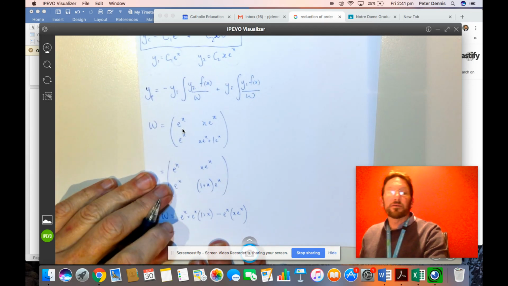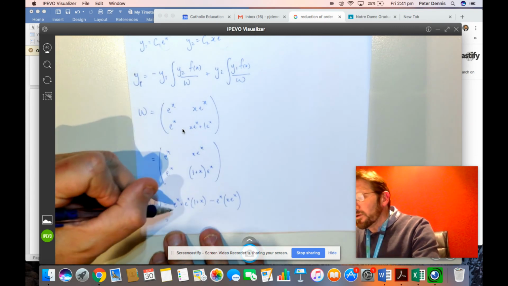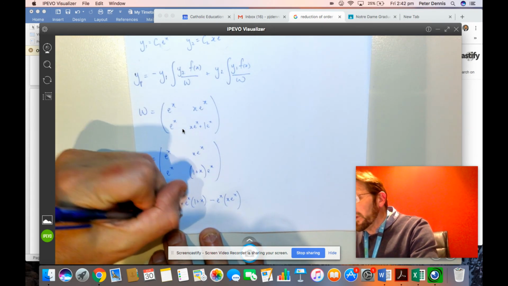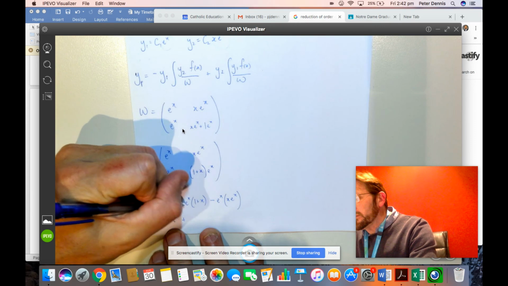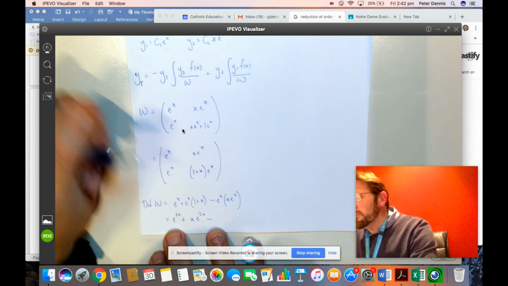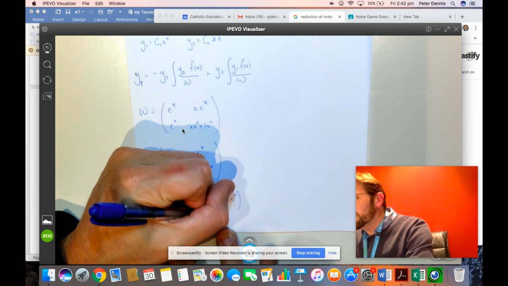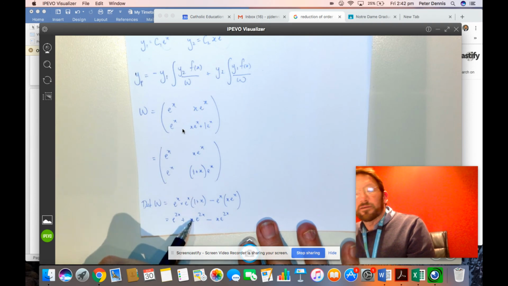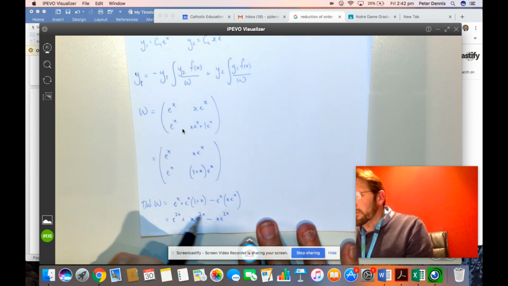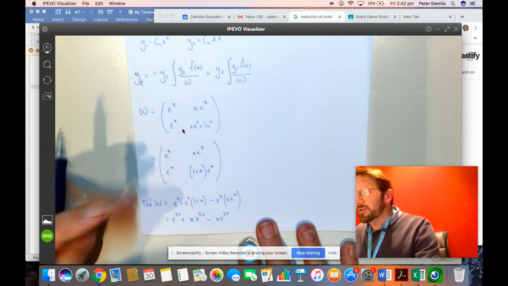And if we expand this all out, we're going to get e to the 2x times 1 plus x e to the 2x, minus this one becomes x e to the 2x, and nicely these two things cancel out. So our determinant, our w, is e to the x.